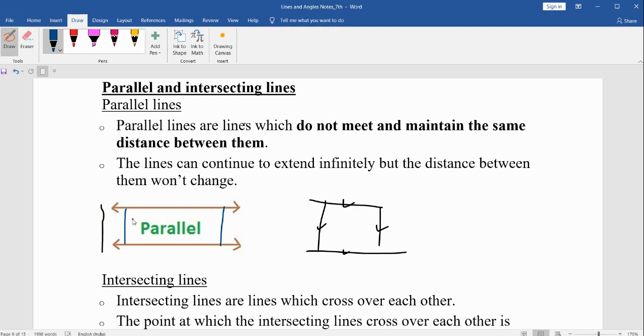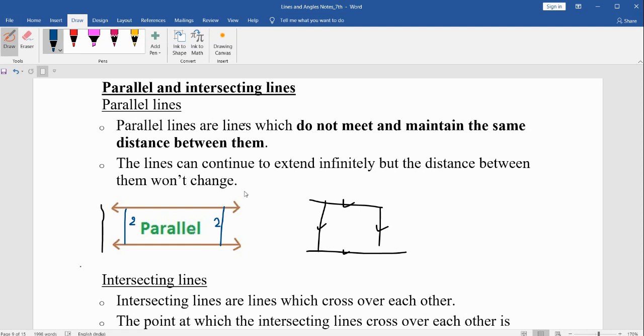Means if it is 2 here, then here also it has to be 2. The lines can continue to extend infinitely, but the distance between them won't change. Wherever these lines go, the difference between them will remain the same.